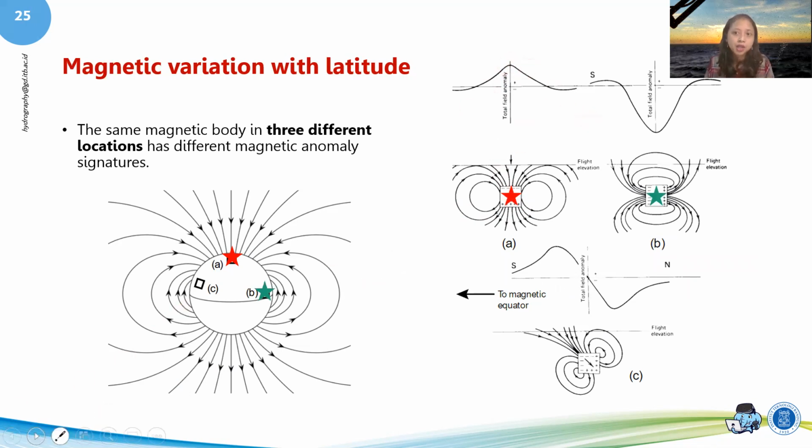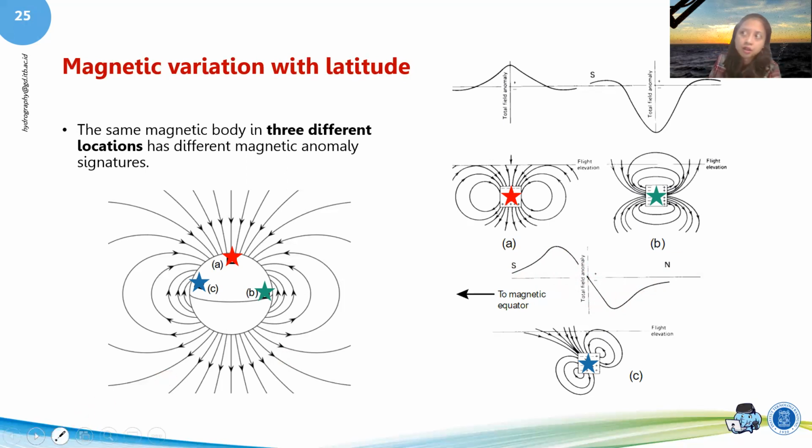While if it's at the equator, it will look like this. It's negative, but it's still on top of the body. But if you're in the middle, for example at C here, you will have something that looks like this. You've got something that is positive, and then you've got a trough of negative value in here. Normally it's not as big as this magnitude, and then that's it.